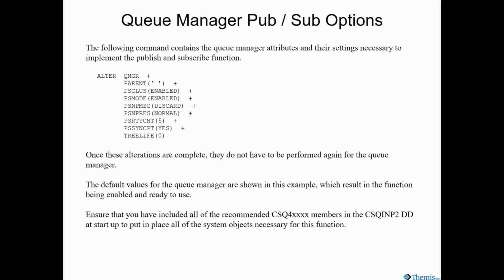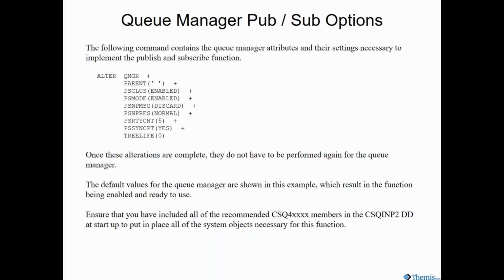Retry count is the next parameter, which is basically how many times the broker will try it. PSSYNCPT specifies whether or not command messages are processed under sync point control. The default is yes. Command messages are like if I was dynamically adding topics and things like that, or subscriptions.